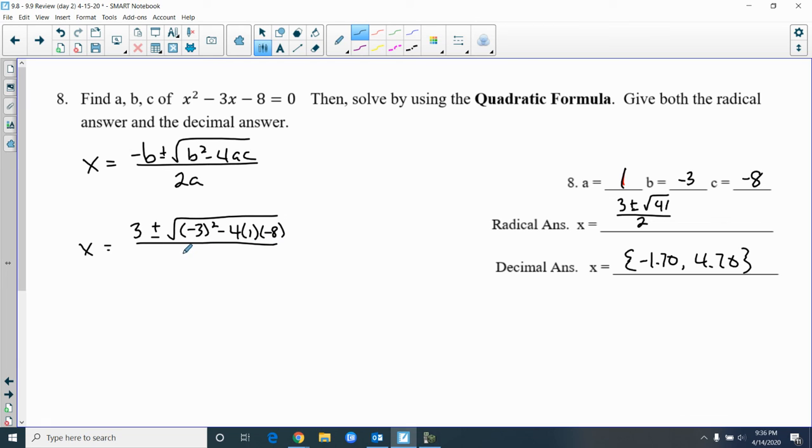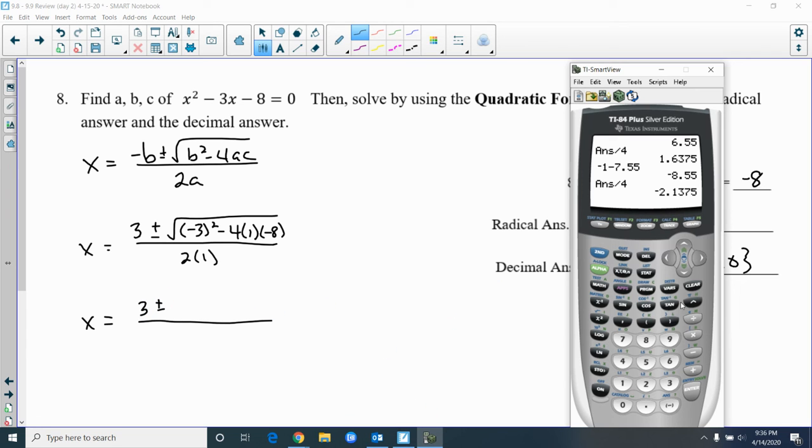And then 2 times 1 right here. Okay, find out what we're going to get underneath the radical. So we're going to plug in parentheses, negative 3 squared minus 4 times 1 times negative 8, and we get 41.